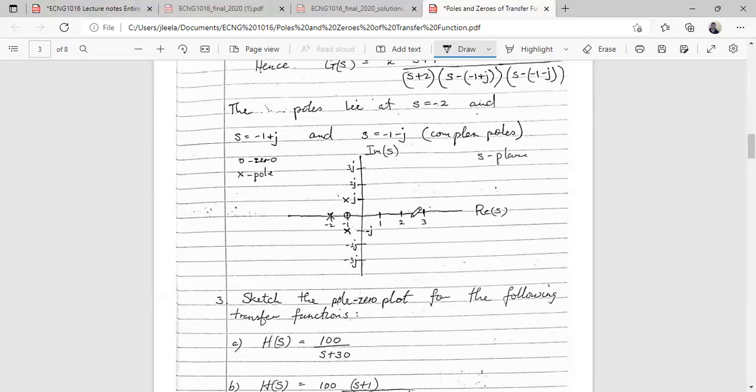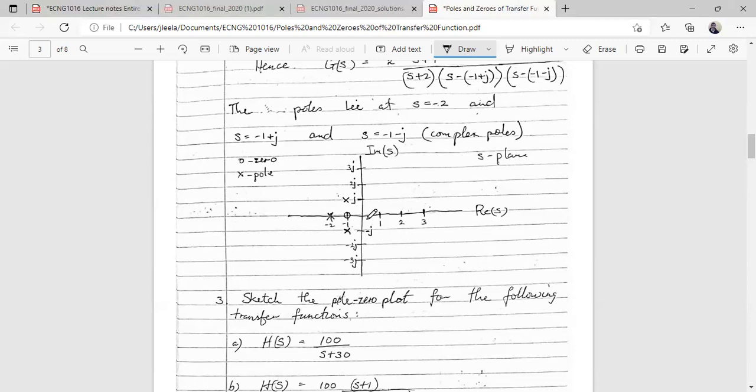They didn't ask you that. So that means the limit of f(t) as t approaches infinity wouldn't exist. Sorry, it would exist. If a pole lay in the right-hand side or on the imaginary axis, then it wouldn't exist.